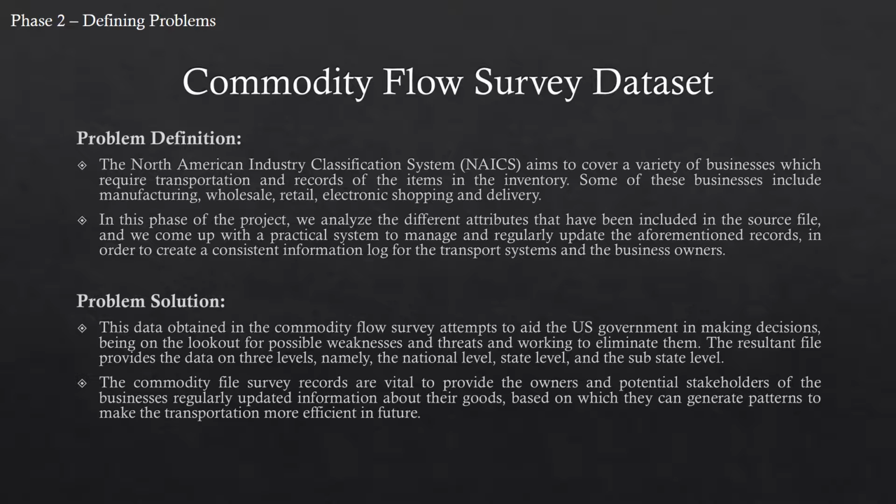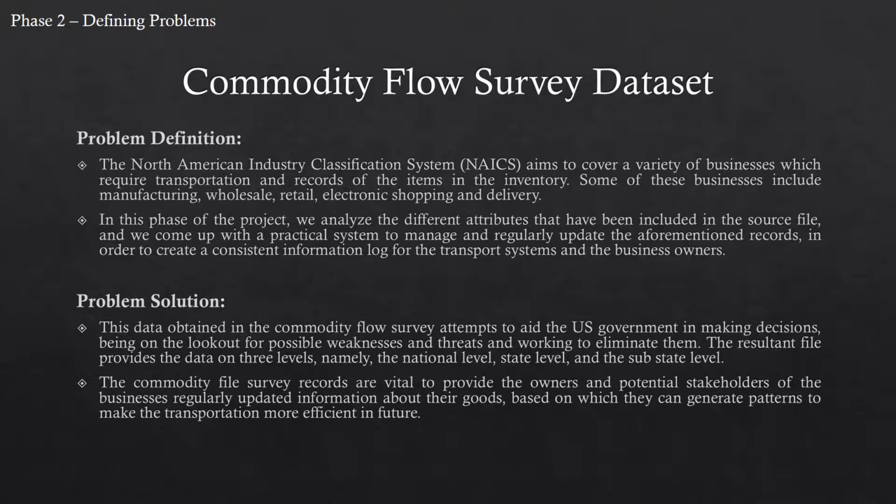Now, the next section is problem solutions, that gives some solutions to the problem defined in the above section. The data obtained in the Commodity Flow Survey attempts to aid the US government in making decisions, being on the lookout for possible weaknesses and threats, and working to eliminate them.